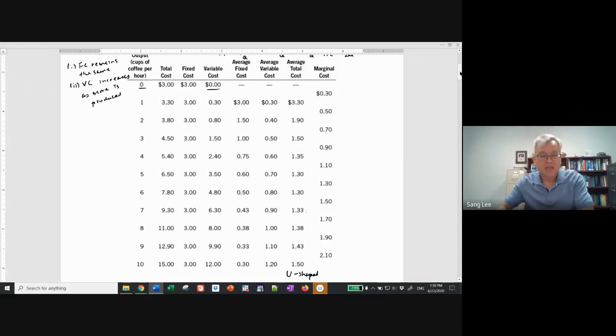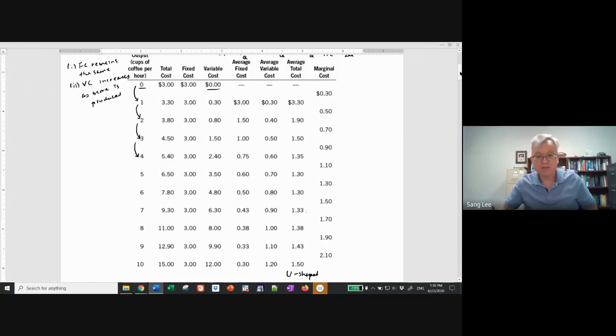Well, again, as you increase the output, in this example, the number of cups of coffee. So as you increase the output by 1 each time, the cost of producing an additional cup of coffee, for example, here, from no output, now you produce the first cup of coffee.